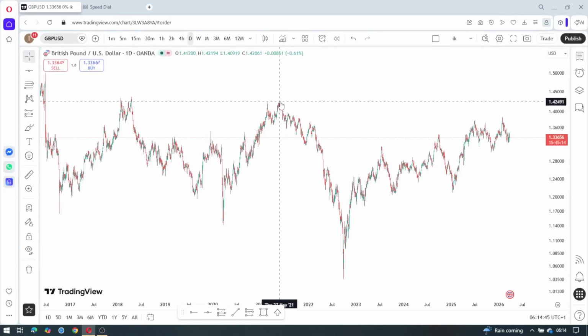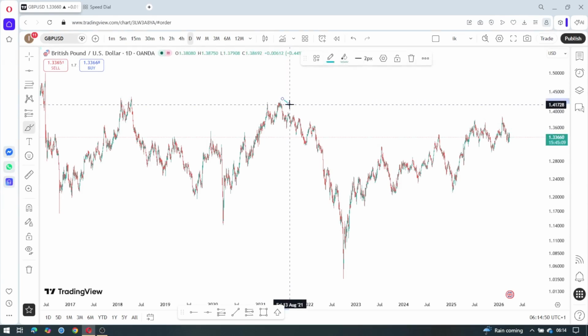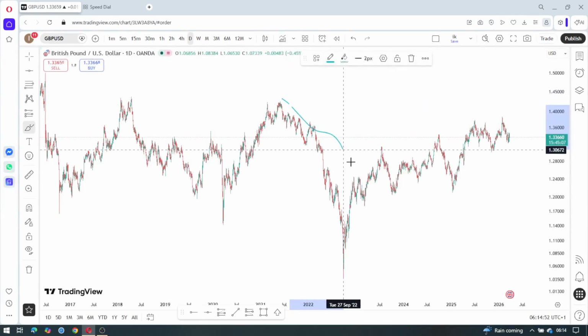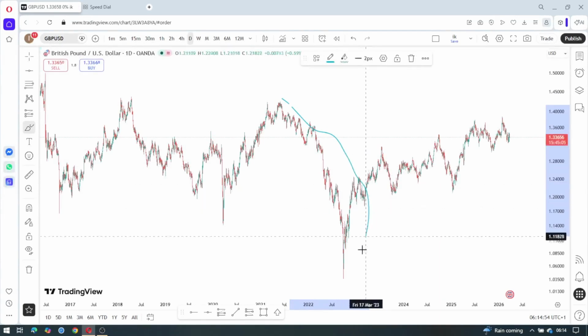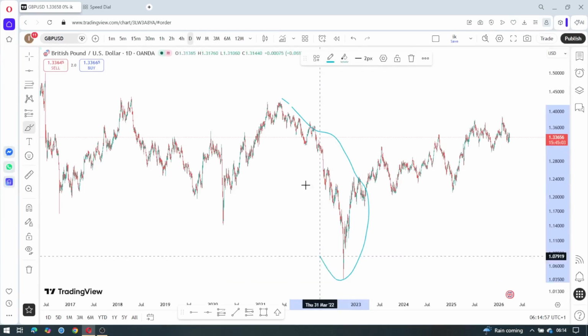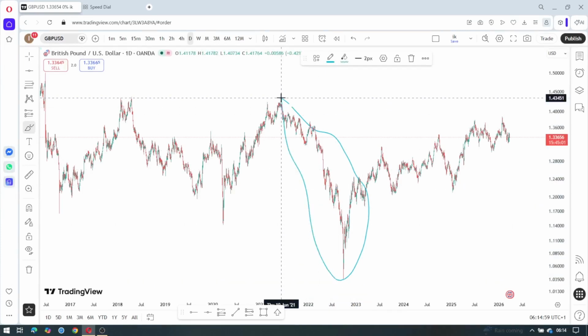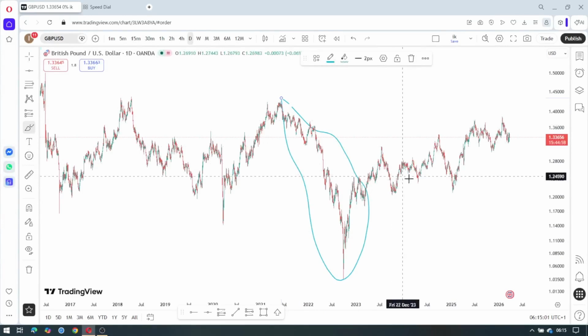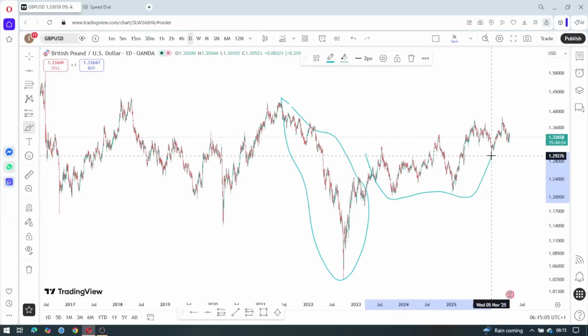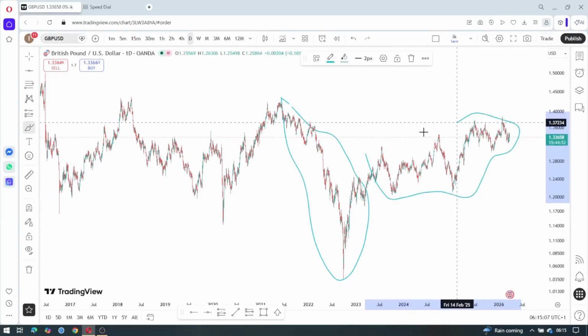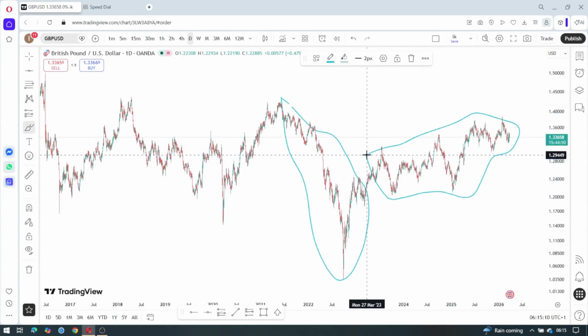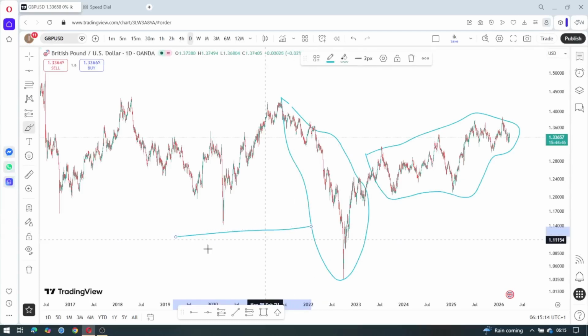You discover that this is like a downtrend zone. And this zone is like an uptrend zone. You see that? So there will be portions that are uptrend, downtrend, or something like that.